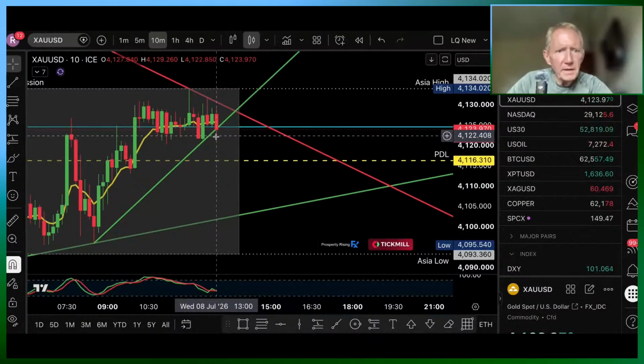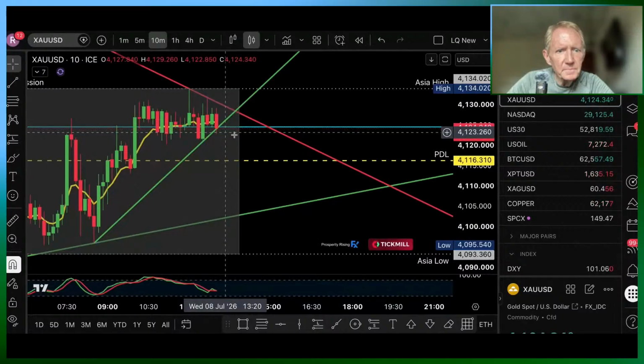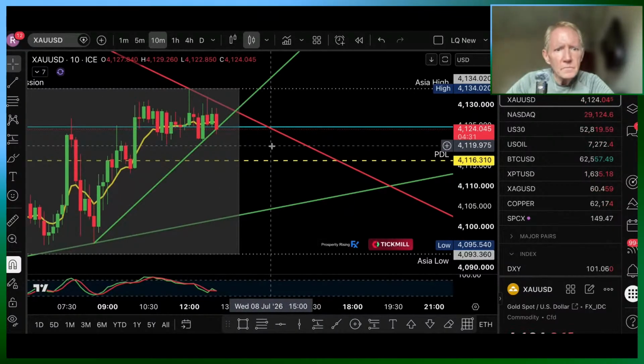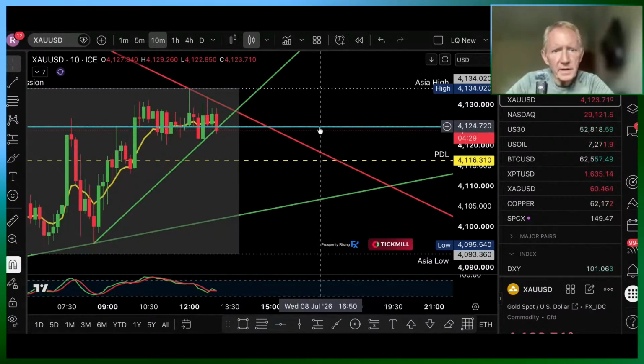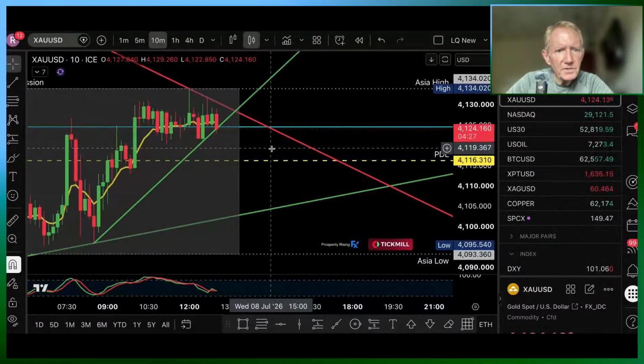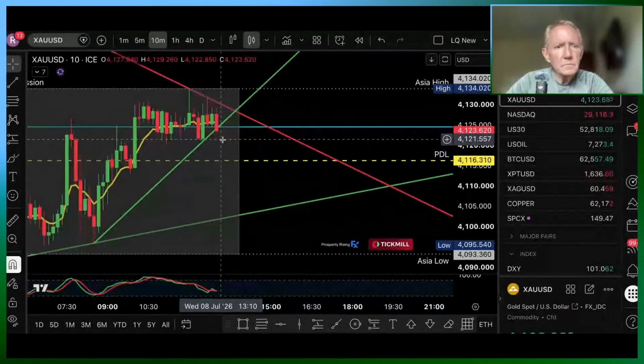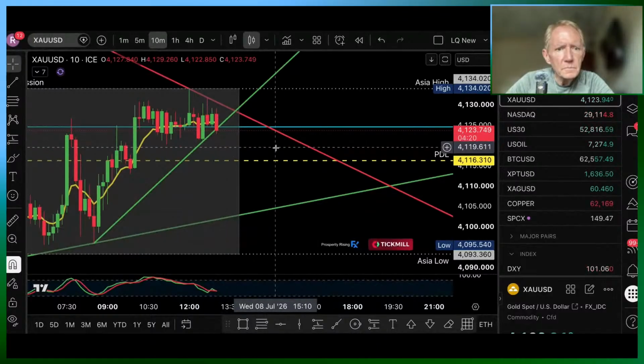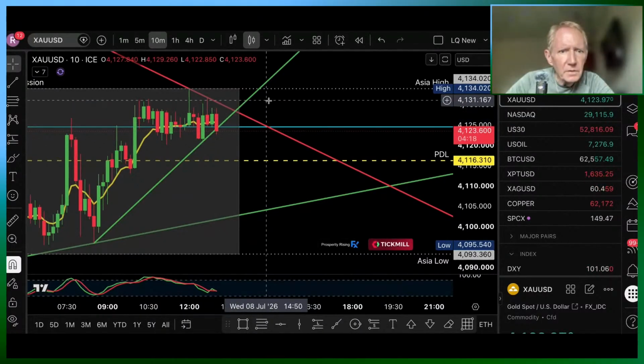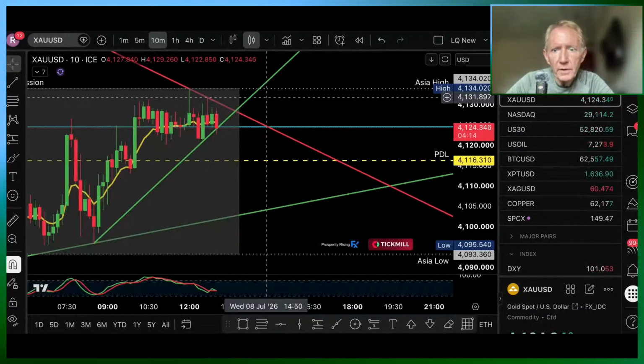Okay, so getting a little bit of a break below the trend line. We're still around this pivot point, eh? I would want to see a much better break. If I took a short trade, my stop loss would be at 41.32.